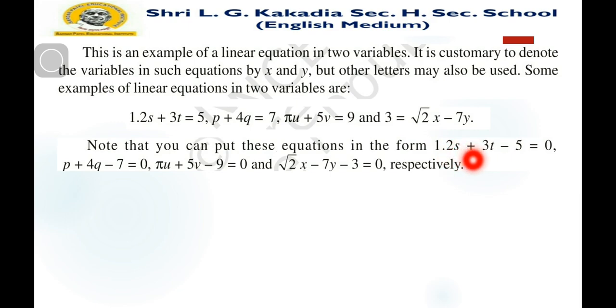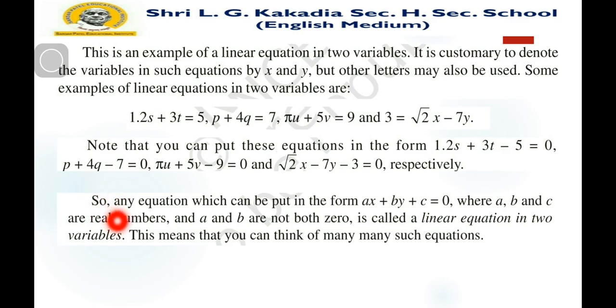So the standard form of a linear equation in two variables is this: any equation which can be put in the form ax plus by plus c is equal to 0 is a linear equation in two variables, where a, b and c are real numbers, and a and b are not both 0 at a time.